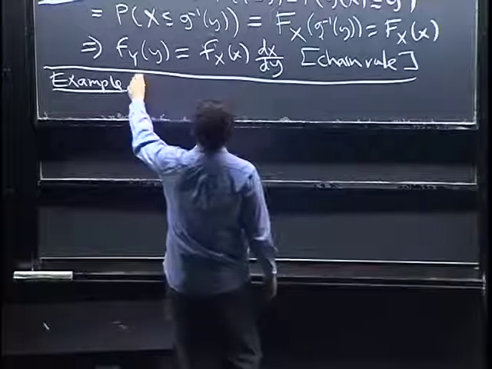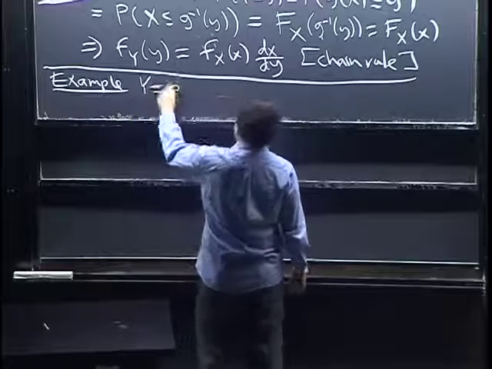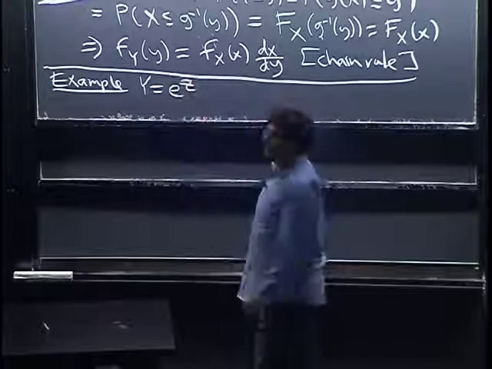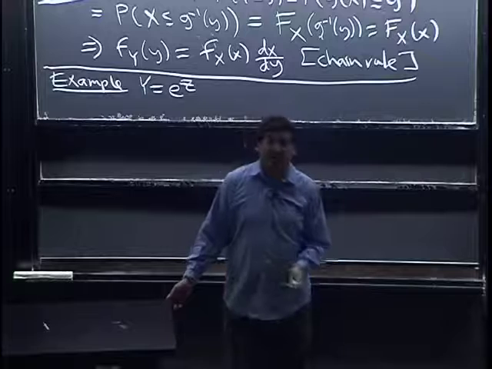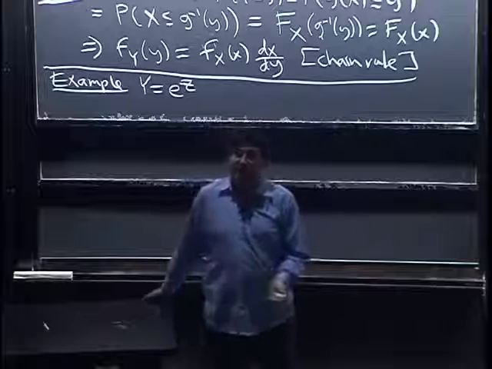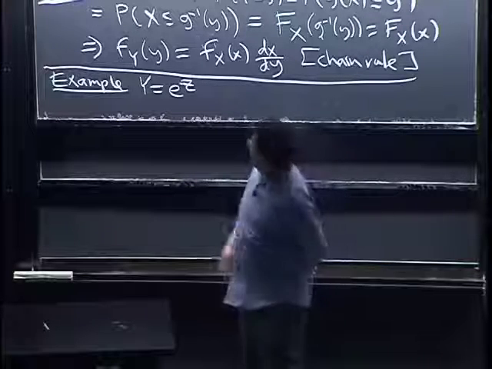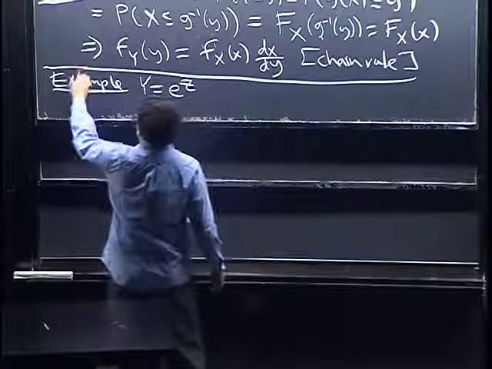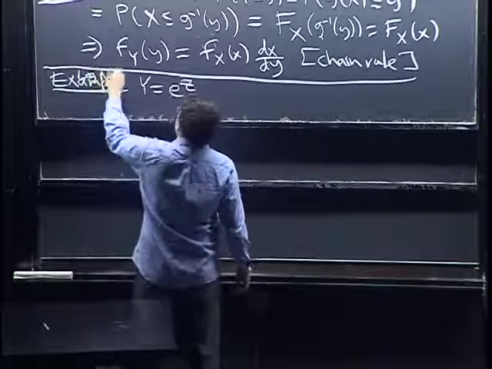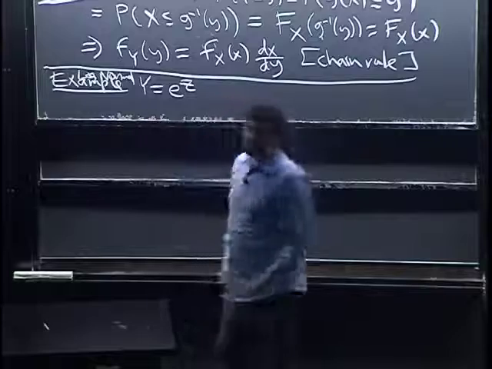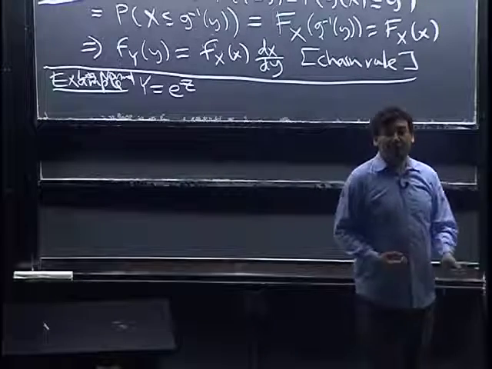Let Y equal e to the Z. Log normal does not mean the log of a normal. You can't take the log of a normal random variable because you can't take the log of a negative number. Log normal means that the log is normal, not the log of a normal.